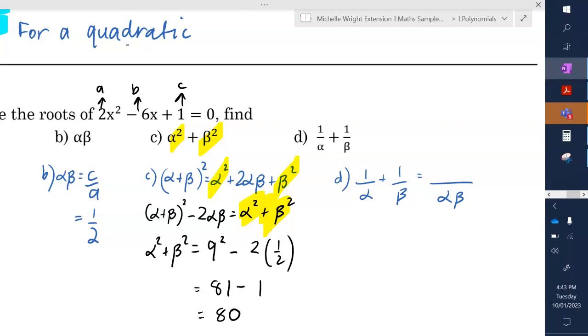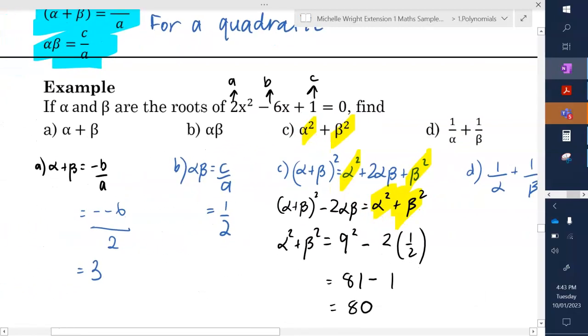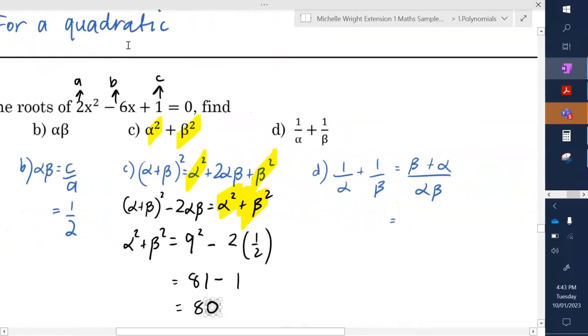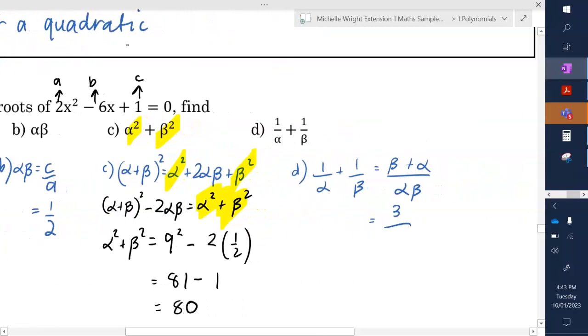So what I'm then going to have on the top line is beta plus alpha, or alpha plus beta. We know that alpha plus beta from our first part was 3. So that is going to be our top line. And our bottom line is alpha beta, which is a half. 3 divided by a half is equal to 6.